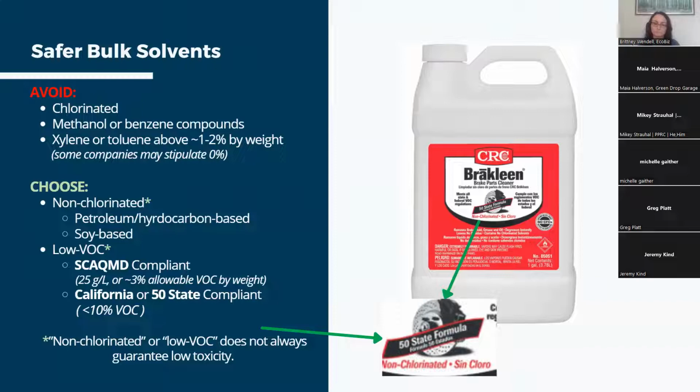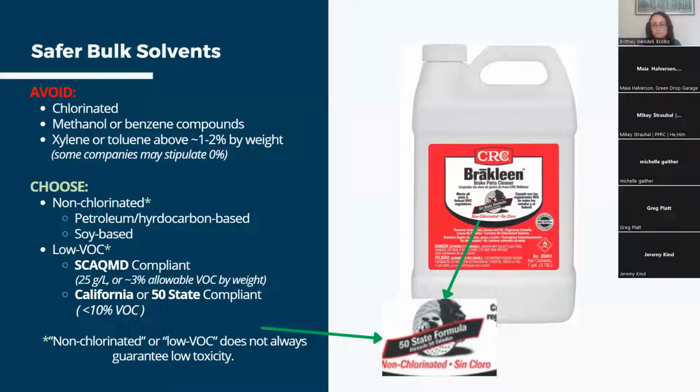But sometimes the less toxic formulations need a little bit of a kick to help them get that cleaning efficacy. So clearly you want to use your PPE at all times. But you can choose non-chlorinated solvents that are petroleum, hydrocarbon, or soy-based.